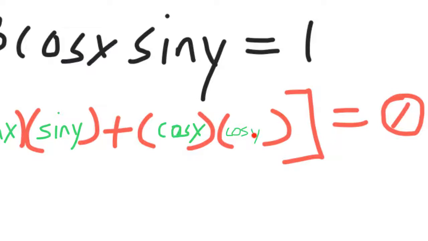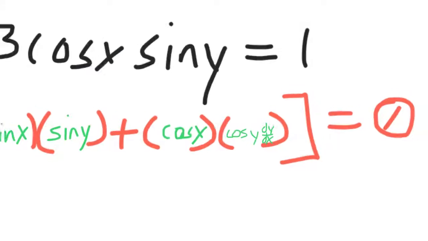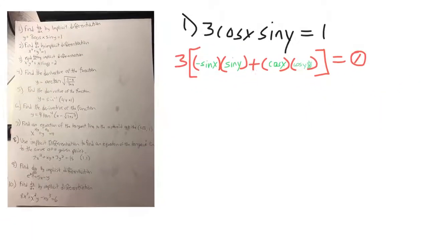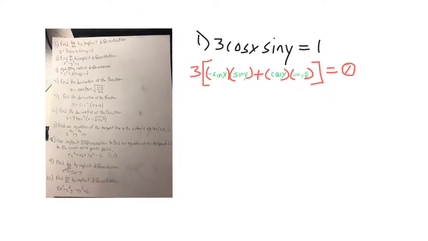So we have to do also the derivative of this thing, also known as dy dx. Okay? So that is unfortunately what we sort of have to do for that problem right there.